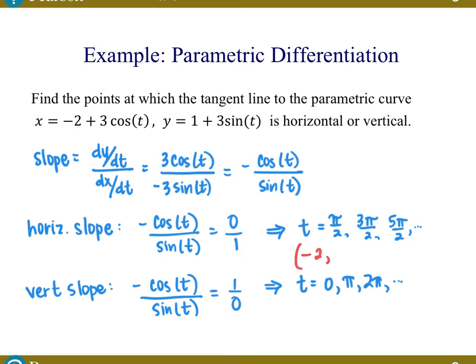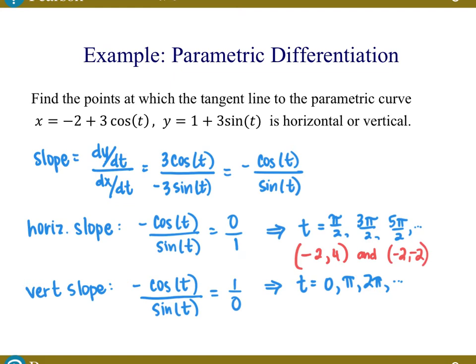If I plug pi halves in, then I will get 1 plus 3. If I plug in 3 pi halves, I'll get 1 minus 3. And so I'm going to have two different values here. So I will have either 4, but I'll also have negative 2. So those are the points at which this equation would have a horizontal slope.